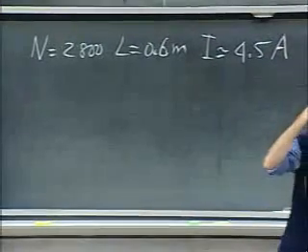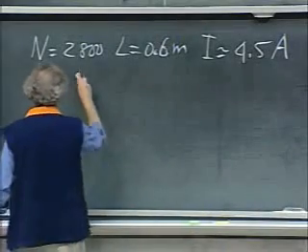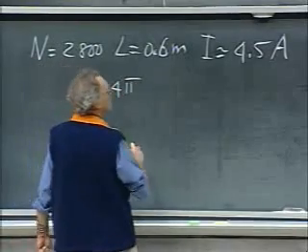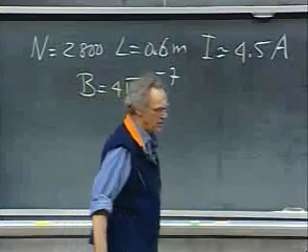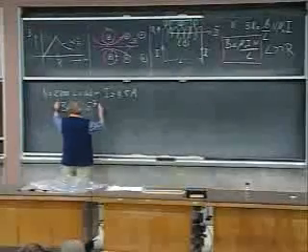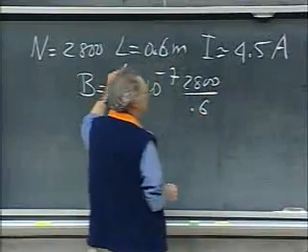And so I can calculate now what the magnetic field is going to be. So the magnetic field strength is going to be 4 pi times 10 to the minus 7, because that's what mu 0 is. And then I have to multiply it by 2800, divided by 0.6.